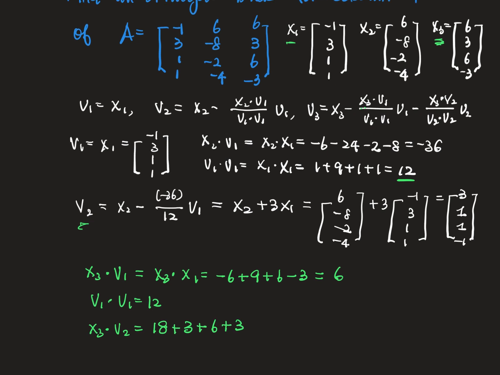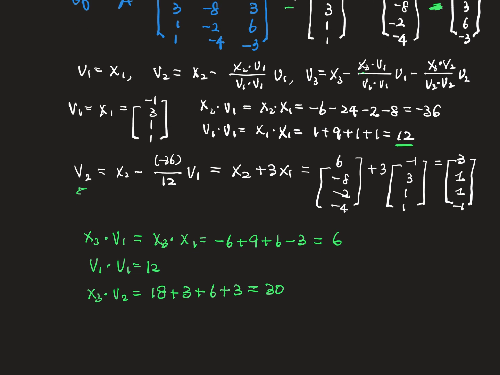That's 30. Guys, you see that? Now we have to find the v2 inner product v2. Here it is 9 plus 1 plus 1 plus 1, which is 12.